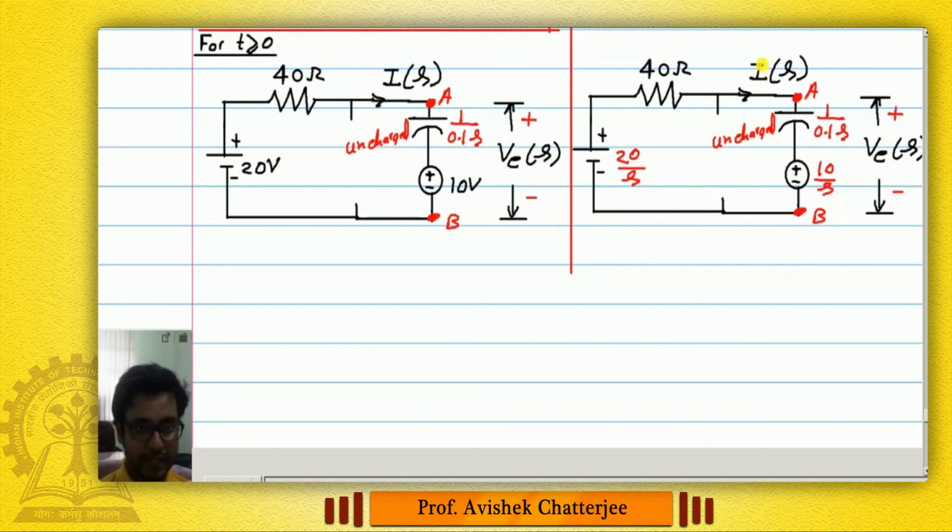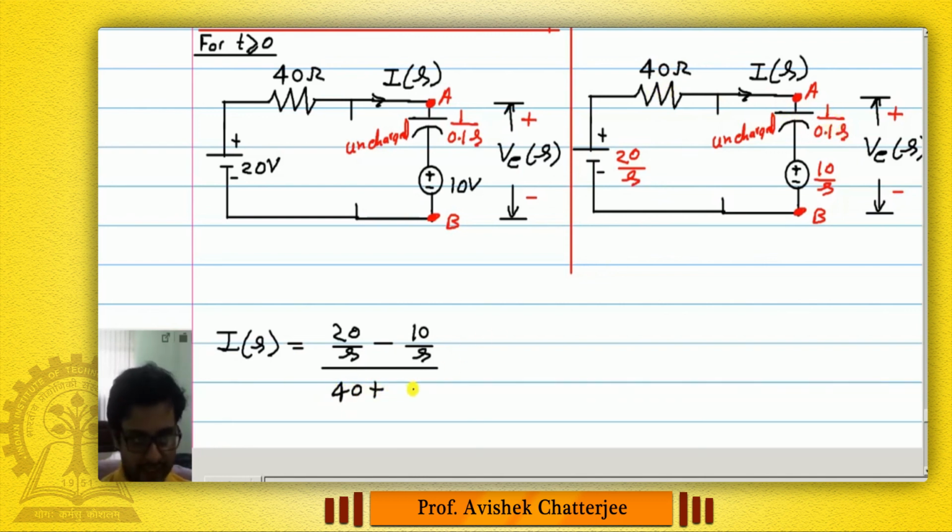Okay, first let me find this current I. This current I will be equal to this voltage 20 by S minus this voltage 10 by S, this minus this, divided by the total impedance here, 40 plus 1 by 0.1 S, that is 10 by S. So that is equal to 10 by S divided by (40S plus 10) divided by S. So this is equal to 1 over 4S plus 1.